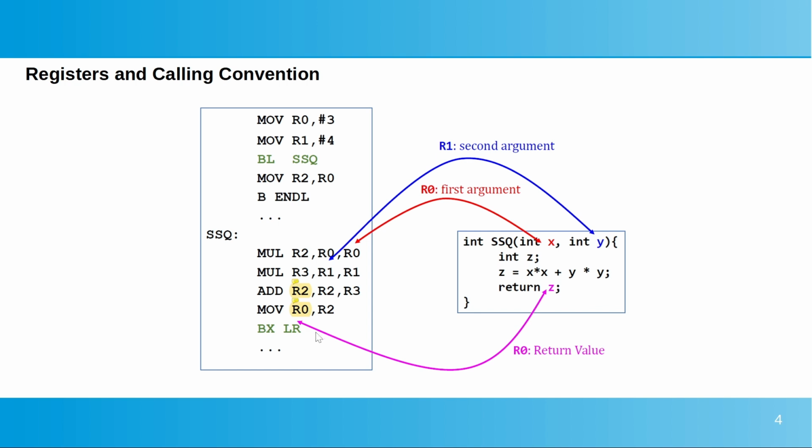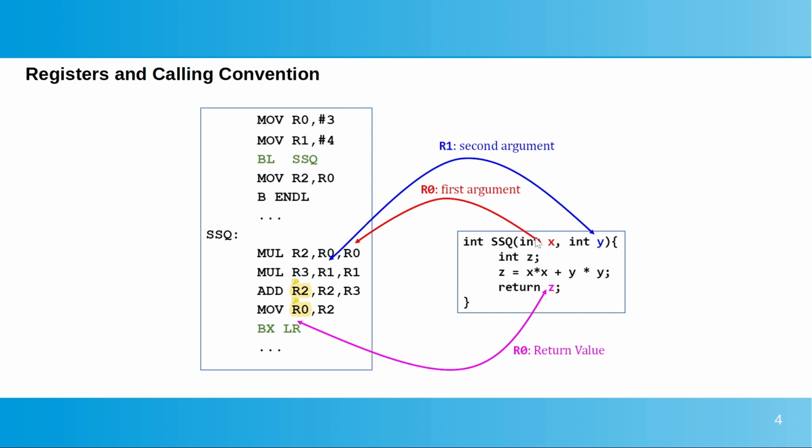And the final instruction, of course, is to branch out of our SSQ function. Here we are using the link register, or the R14 register, to branch out from this function to the return address, which is saved within this link register. Now, as you can see, the first multiplication is used against the R0 register.